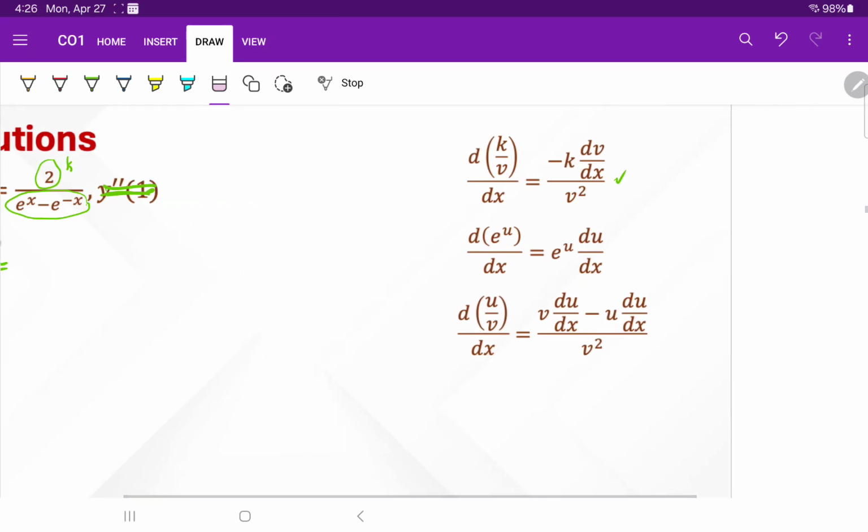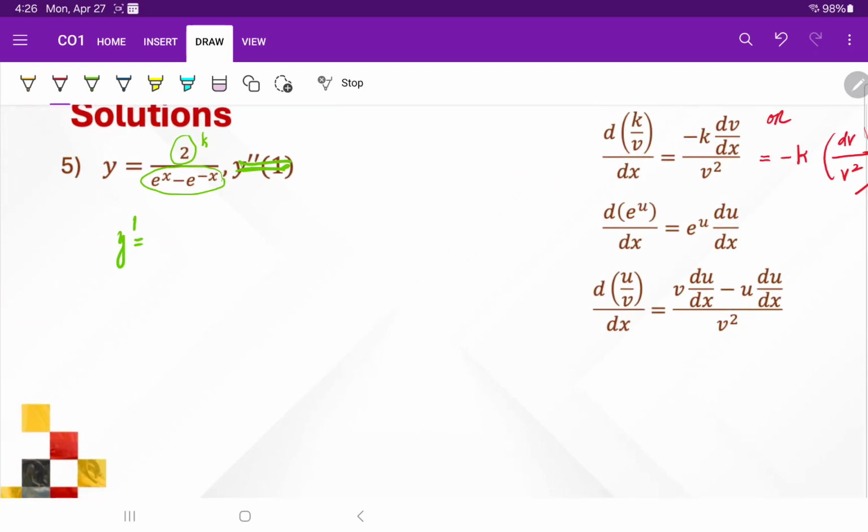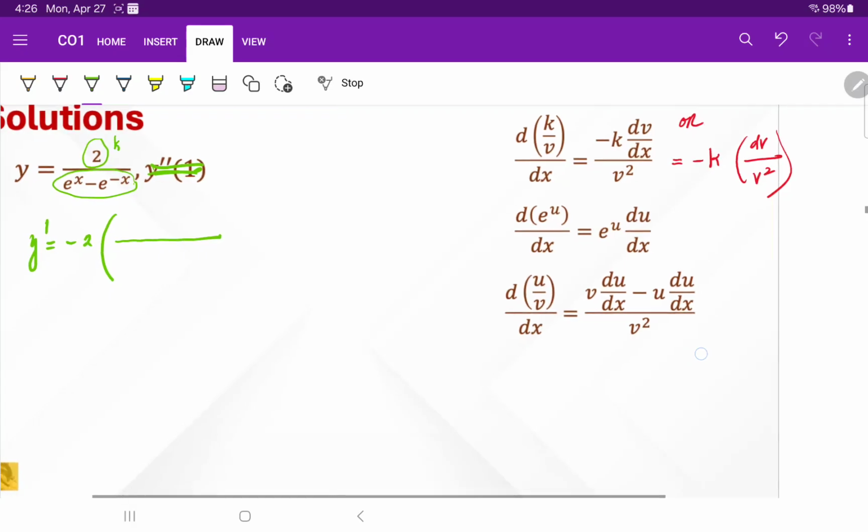You could write this as negative k times the derivative of v over v square, right? Okay, so negative k. So you have negative 2 times the derivative of the denominator, because you have dv.